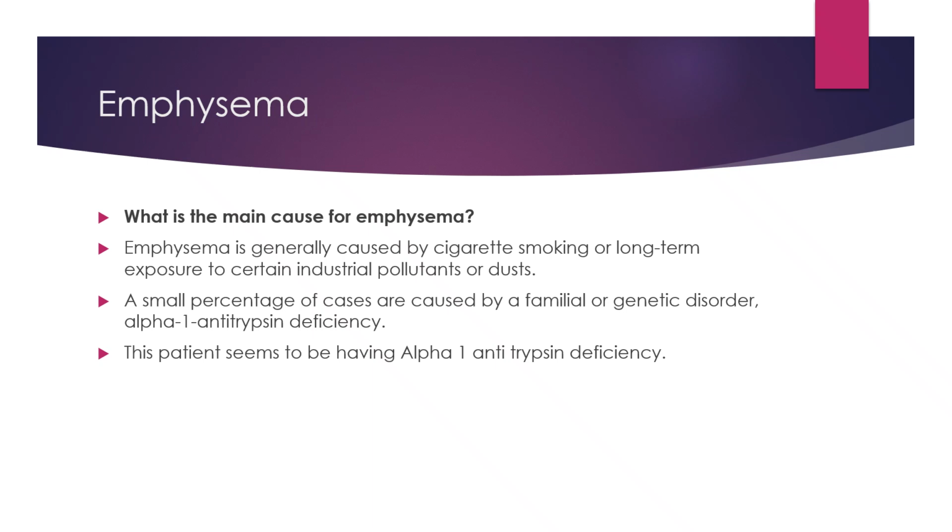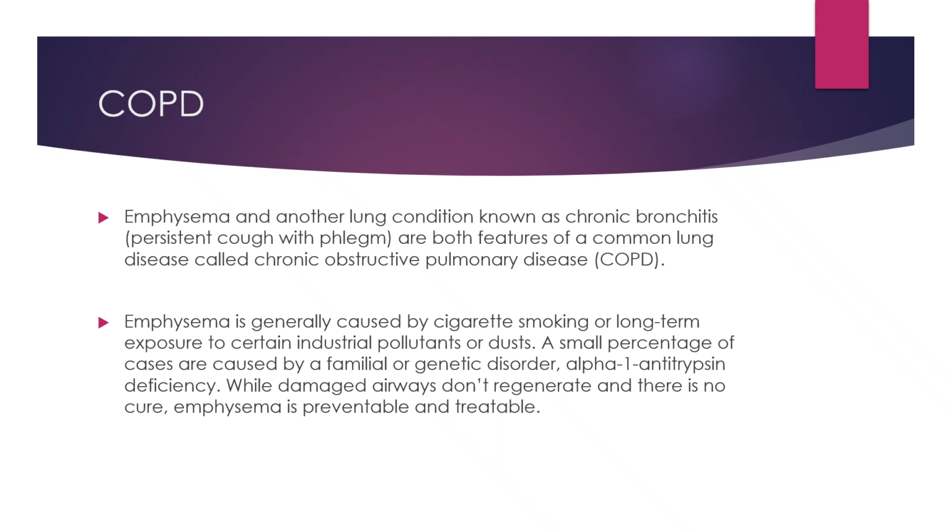A small percentage of cases are caused by a familial or genetic disorder called alpha-1 antitrypsin deficiency. This patient seems to have alpha-1 antitrypsin deficiency, or most likely a congenital or familial form of emphysema, since there are no risk factors such as smoking history or industrial pollutant exposure.